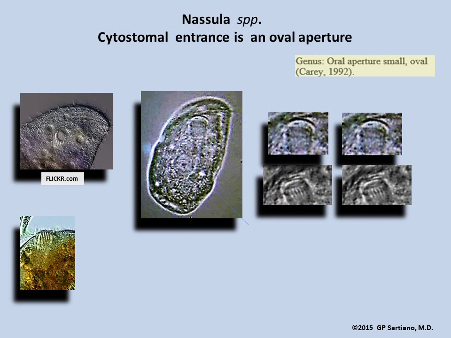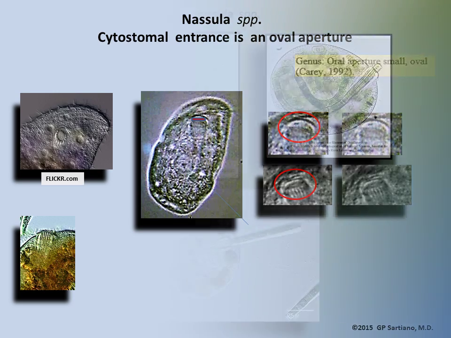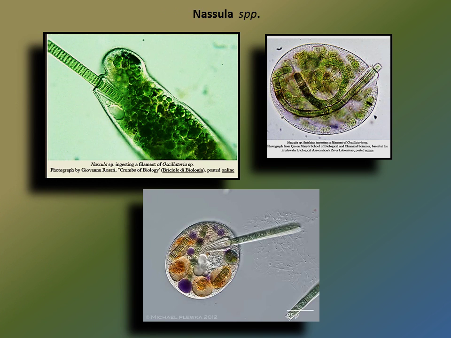The cytostomal entrance, which is at the top of the cytopharyngeal basket, is an oval aperture, an aperture through which Nassula ingests its typical food, cyanobacteria such as Oscillatoria.